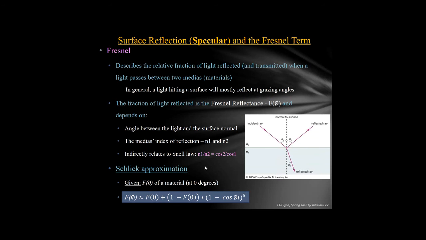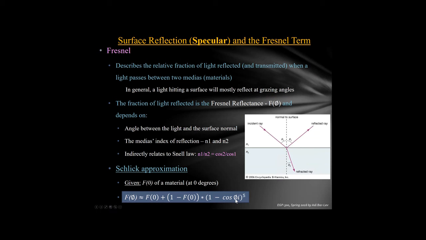Okay, so for this Fresnel equation, there's an approximation which is called Schlick, but it doesn't really matter. And it means basically this: if you give me a certain number, which we call F0, and F0 is a parameter which every material has. F0 basically means how reflective are you? And in the next slide, I'll show that.